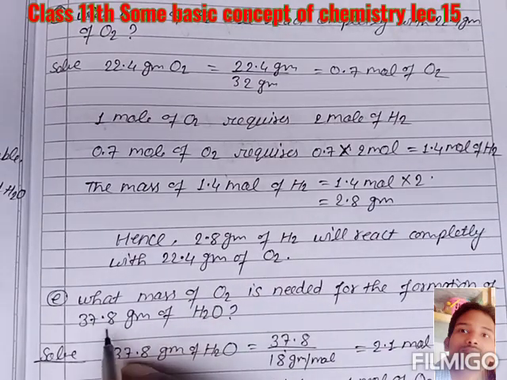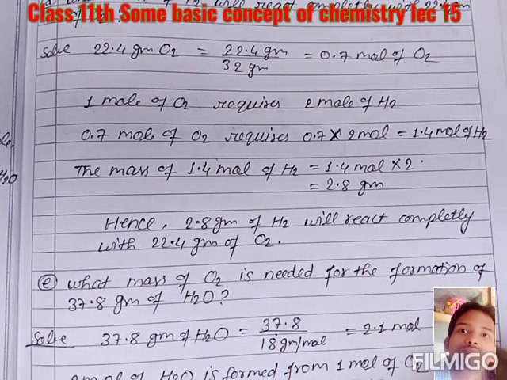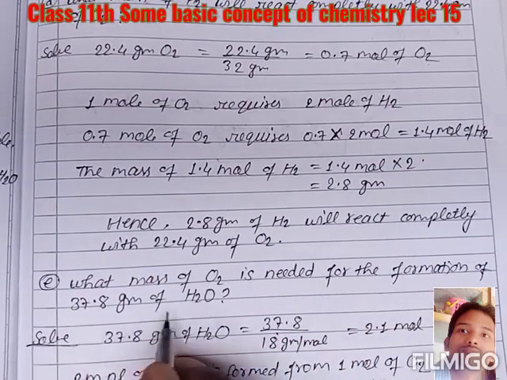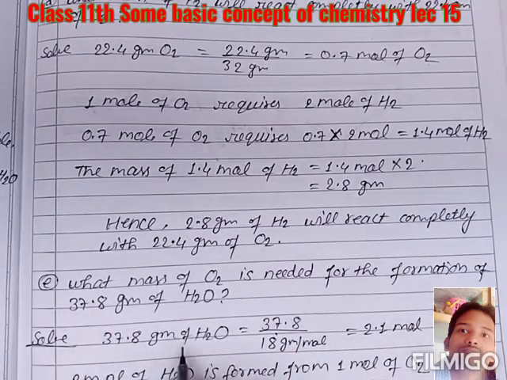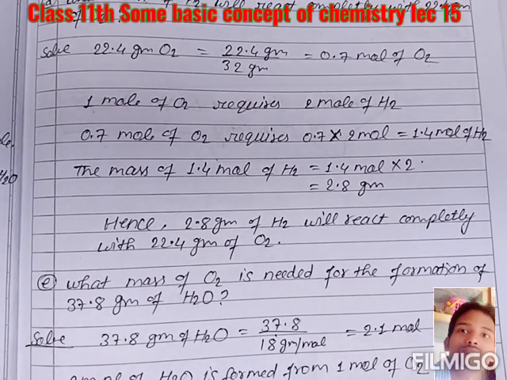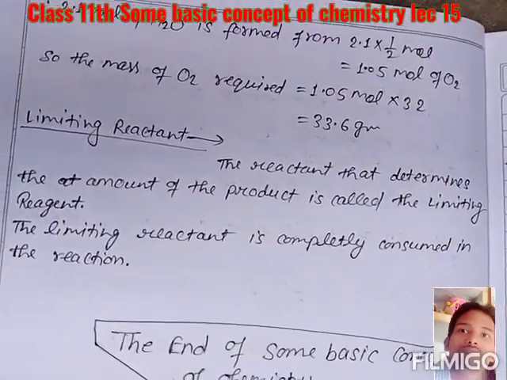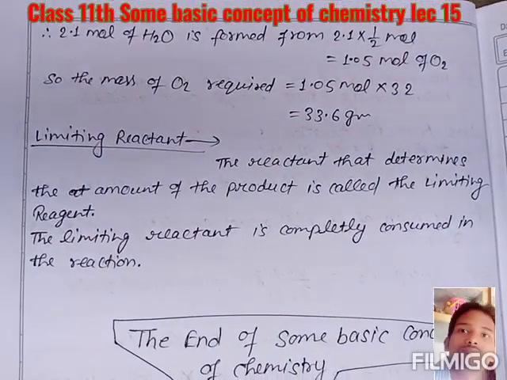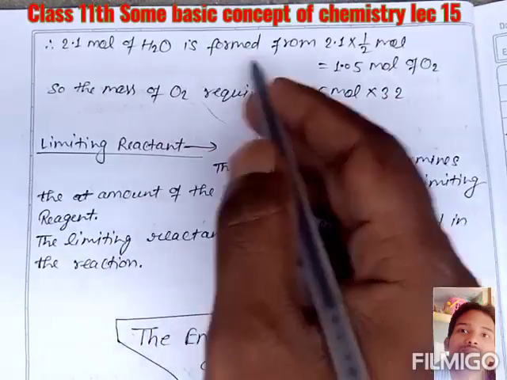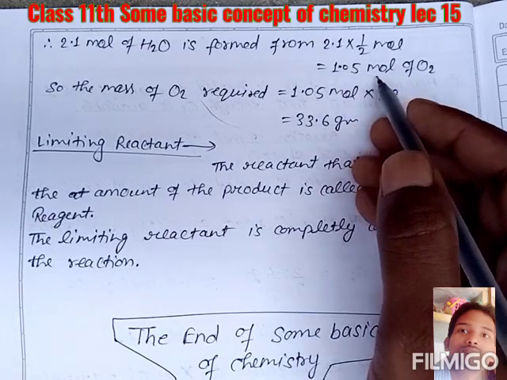Now the last question: what mass of oxygen is needed for the formation of 37.8 gram of water? 37.8 gram of water is equal to 37.8 divided by 18, which is 2.1 moles. 2 moles of water are formed from 1 mole of oxygen, so 2.1 moles of water are formed from 2.1 into 1 by 2 moles, that is 1.05 moles of oxygen.